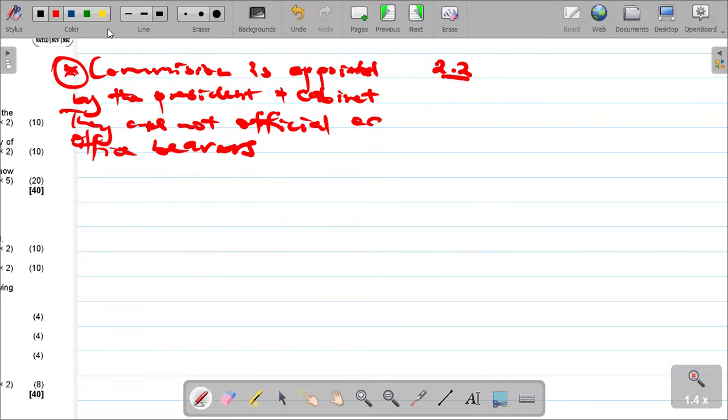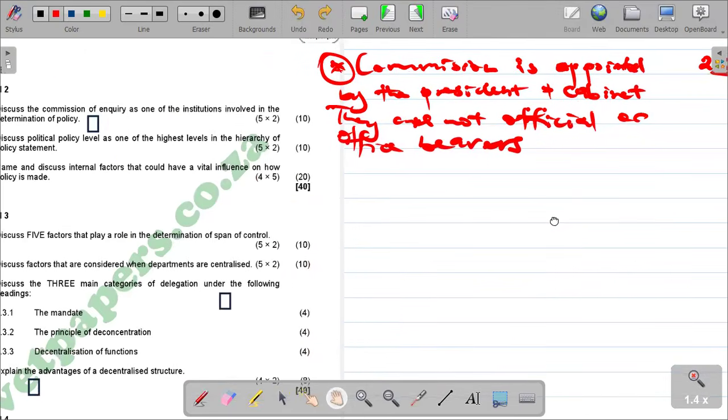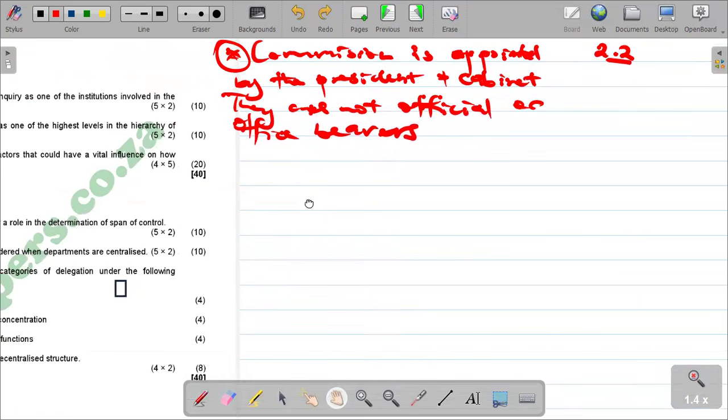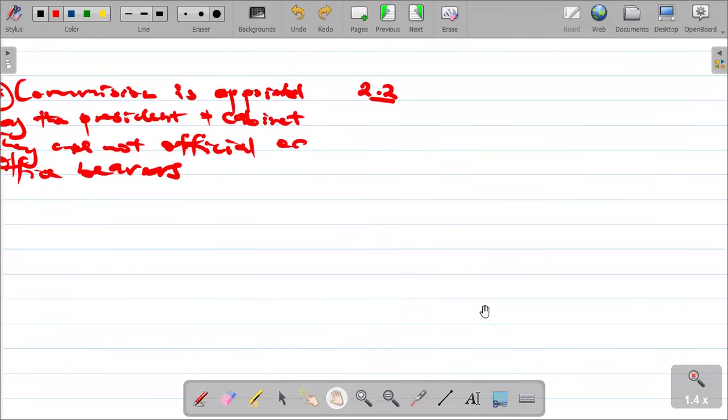Remember, we answered this question in the previous section, where we asked about the highest office in the public sector. So the political policy level is one of the highest levels in the hierarchy of policy statements, and it is always the highest policy in the public sector.